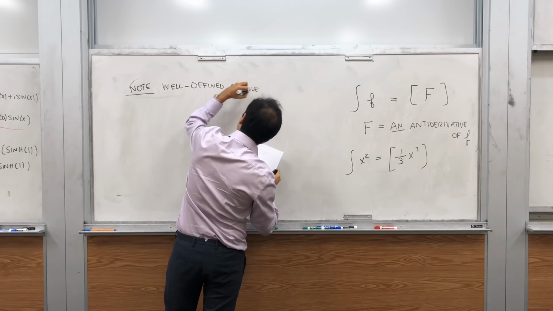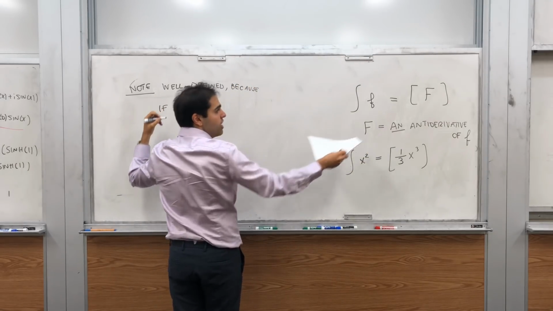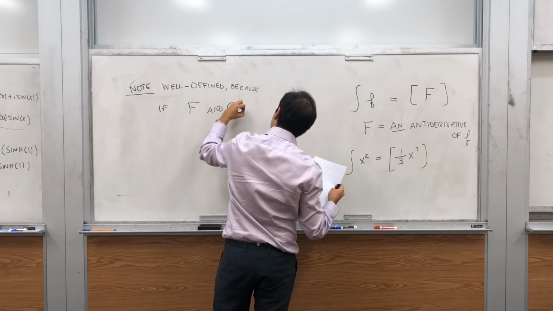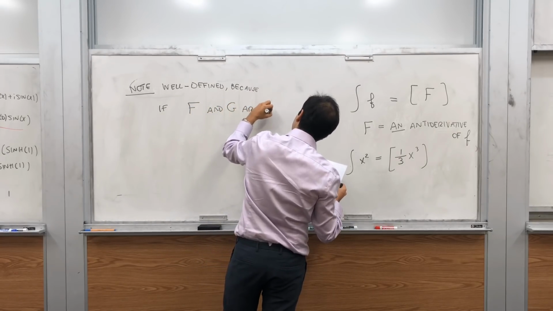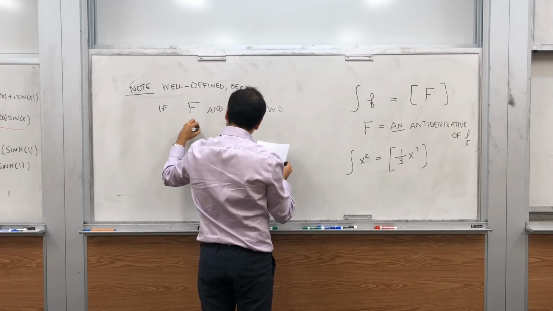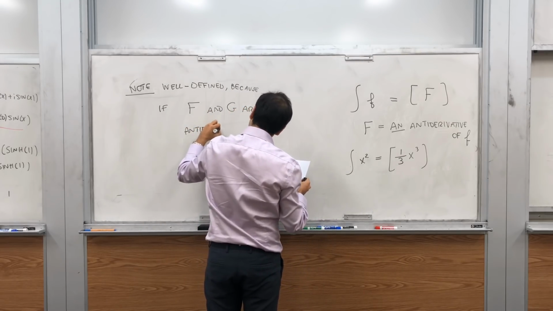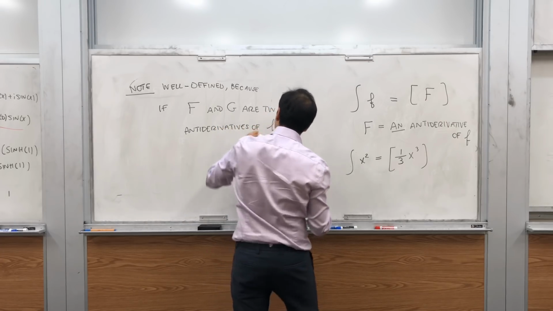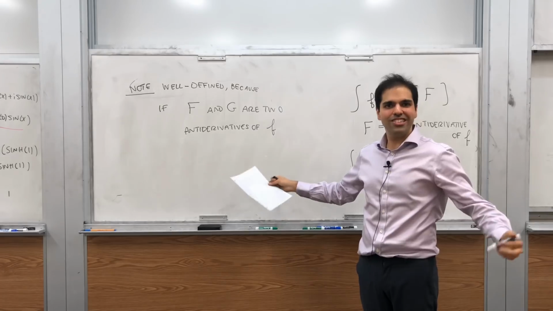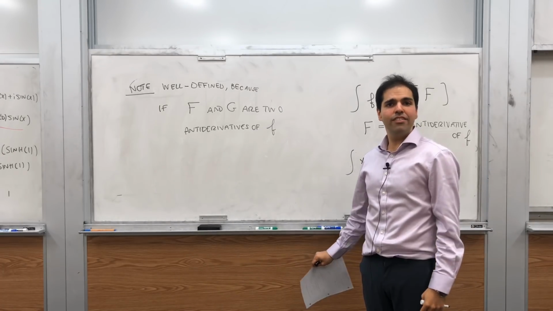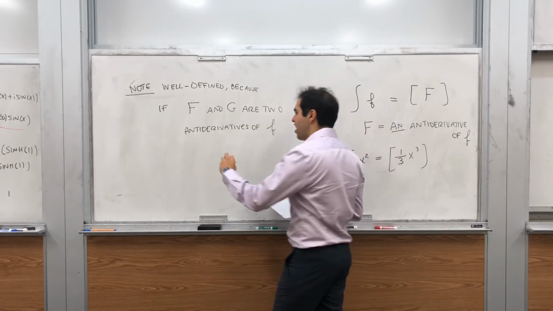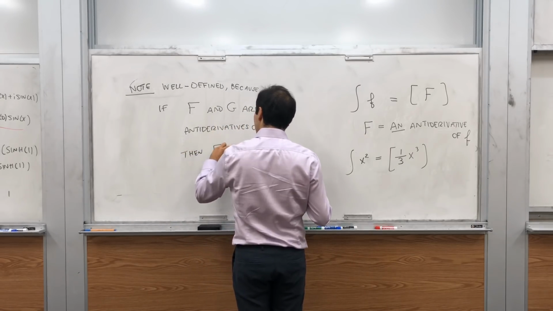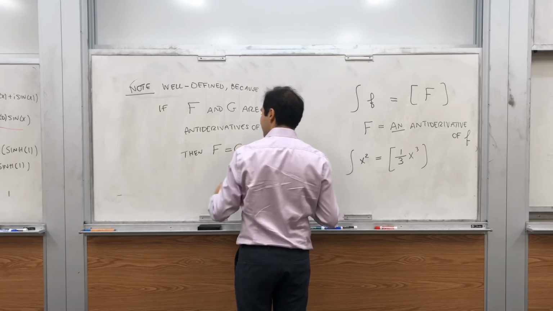Suppose you have two different antiderivatives of little f. If capital F and G are two antiderivatives of little f, there is a theorem that says if you have two antiderivatives, then they differ by a constant. Then F equals G plus a constant.